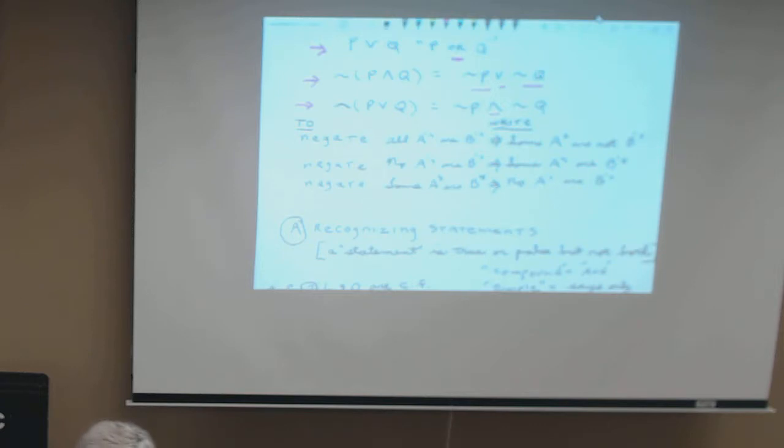Now, let's go down here. If I want to negate all A's are B, then I would say, if I say all apples are red, how would I negate that? I negate all with some.